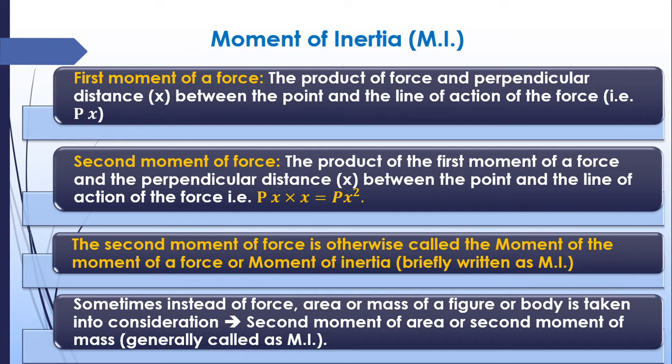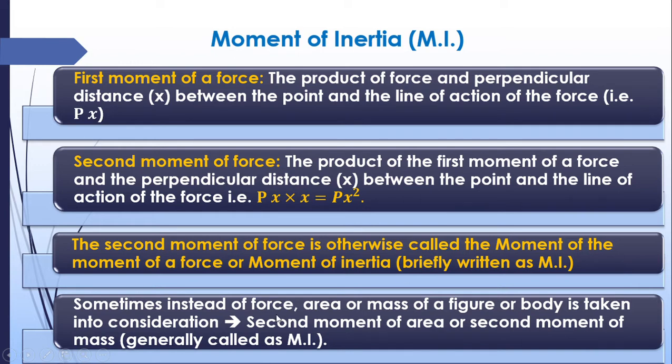So we can say the moment of inertia is nothing but the force into the perpendicular distance multiplied two times with it: force into x square or force into y square. That is known as moment of inertia. It is briefly written as MI.